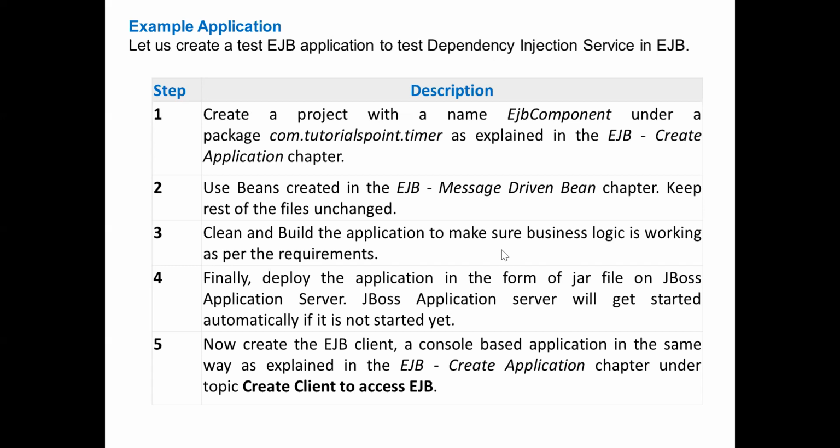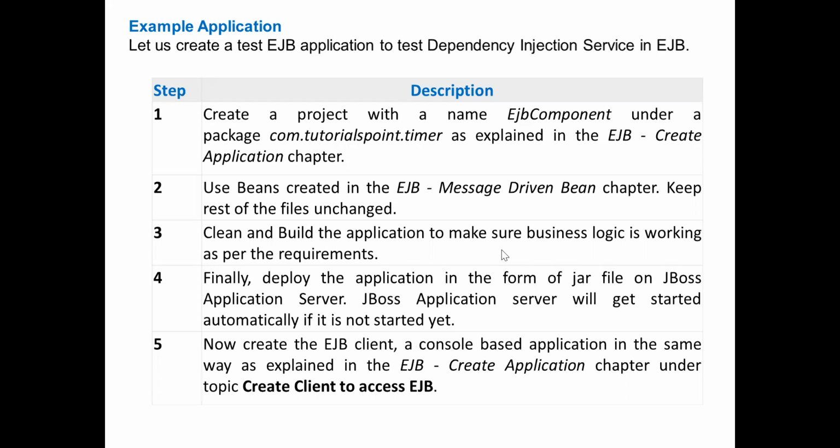When you create the application, we use the bean you created, that is the message driven bean, and keep the rest of the files unchanged. We have to store the message driven bean in the project, that is the EJB component under the package.